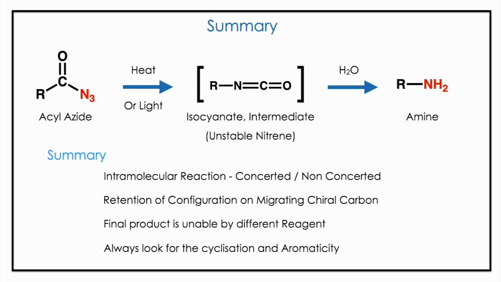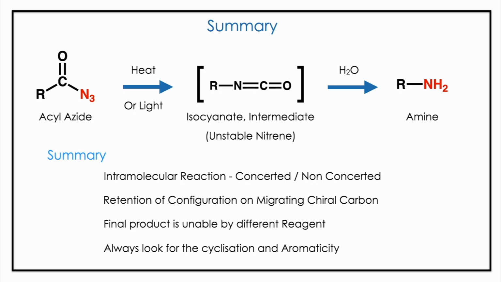Then we will summarize what we learned. The Curtius rearrangement is the conversion of acyl azide into amine through isocyanate formation. Here you should note that nitrene is the intermediate formed. It is highly unstable, like a radical. The fact you should learn here is it's an intramolecular reaction, most of the time concerted.